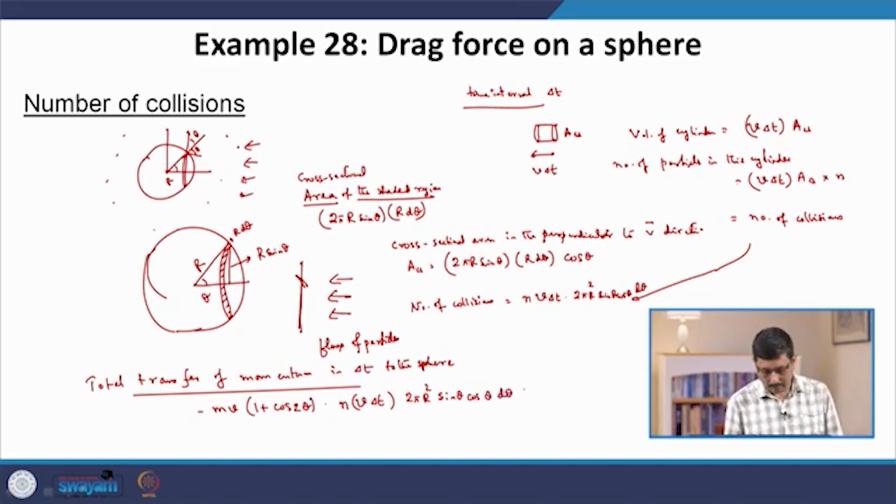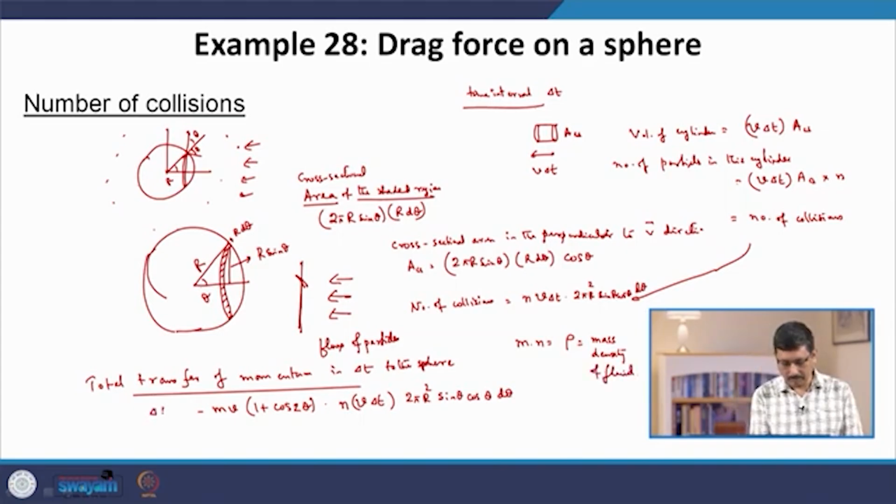So, then this m times n is the mass density. So, this is the mass density of the fluid. Let us call it delta p.